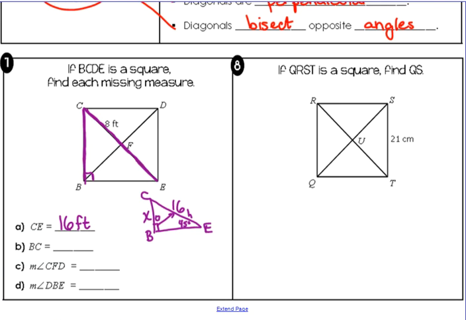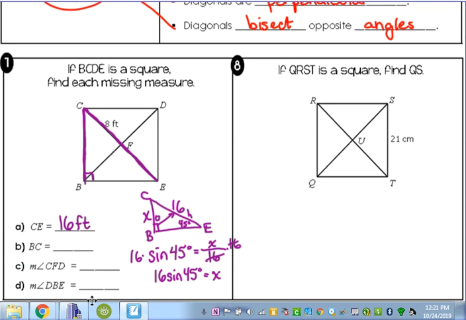Opposite hypotenuse is sine. So the sine of our angle is equal to the opposite, we don't know it, over the hypotenuse, 16. If we're solving for x, we're dividing by 16, so the opposite is to multiply by 16. So 16 sine of 45 degrees is equal to x.